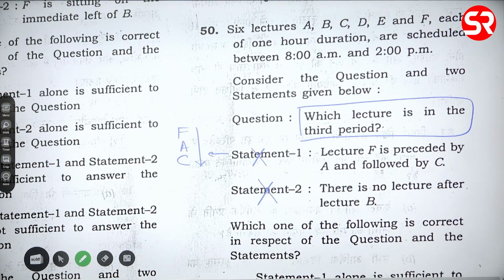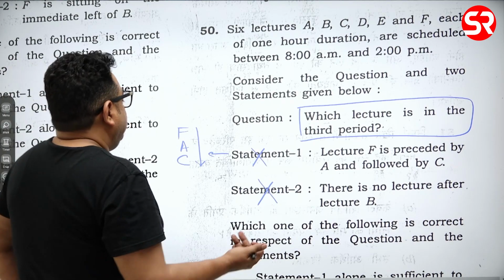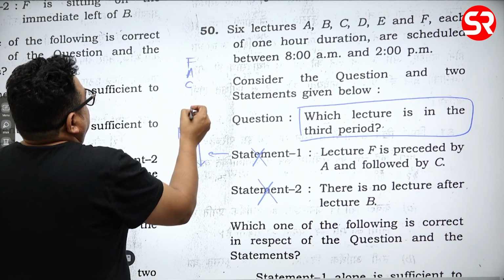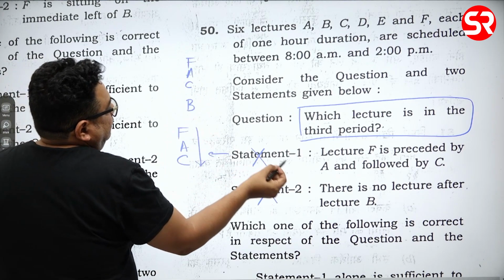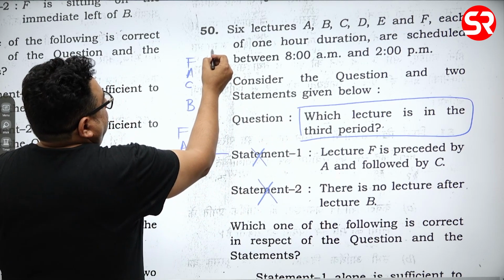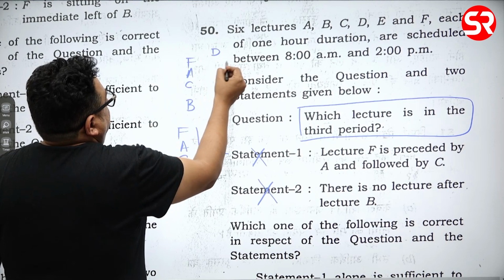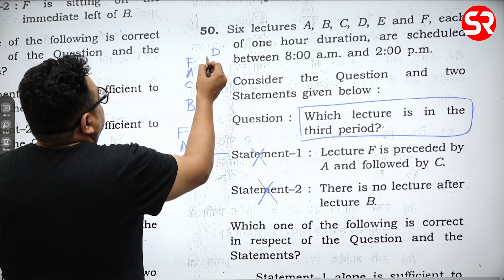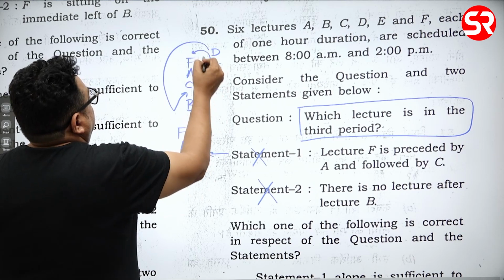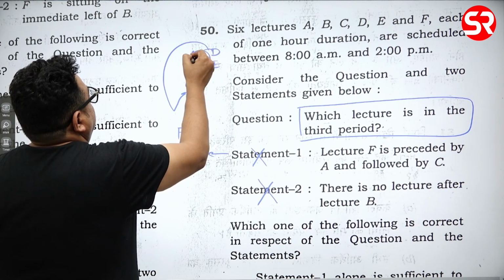Then you combine it. So combining it, it gives you F, A, C, and B is the last lecture. But we don't know about D, and we don't know about E. Where are D and E? It may be possible that D is here, E is here, or E is here, D is this, isn't it?